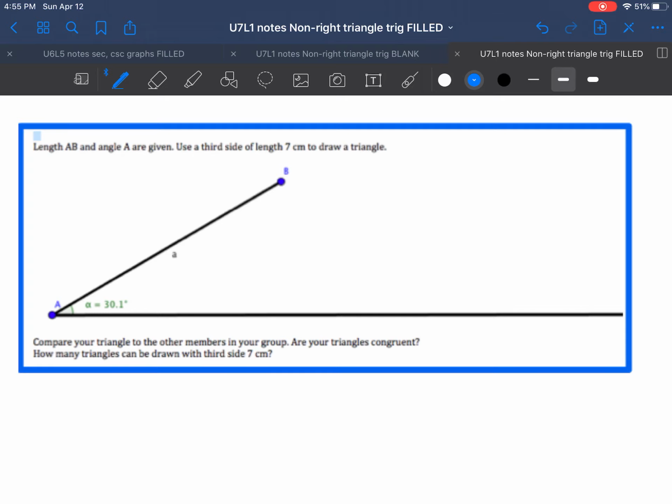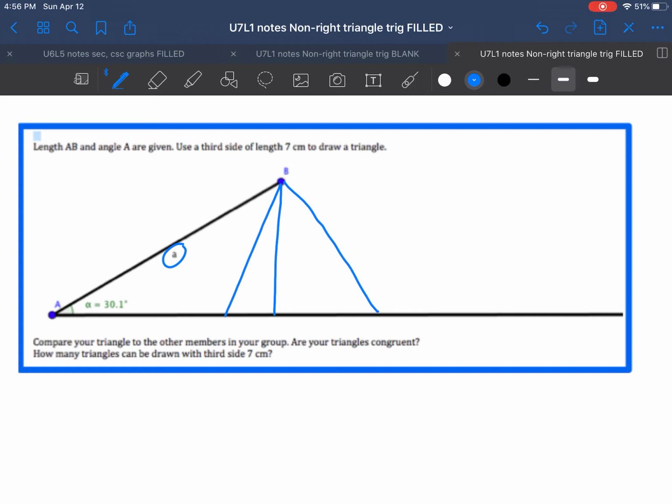So this could be the ambiguous case. If I label the stuff I know, it's already labeled, but we don't know the length. In theory this third side could be in different places.